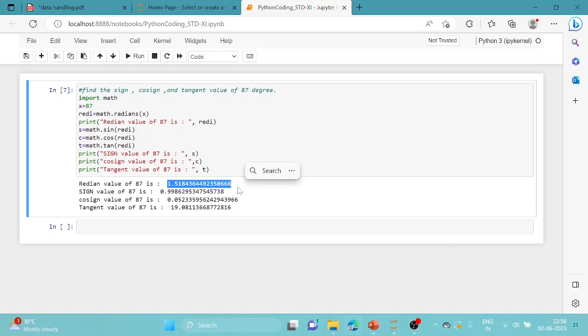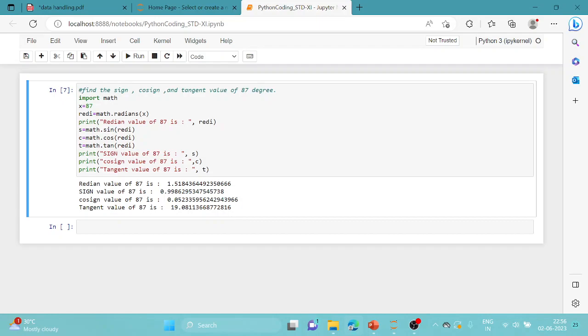You can see the radian value of 87 is 1.518, this much. Now we will calculate the sine, cosine and tangent value of 87 with this converted radian value. Whenever I give the converted radian value, we get the sine value, cosine value and tangent value as a result.